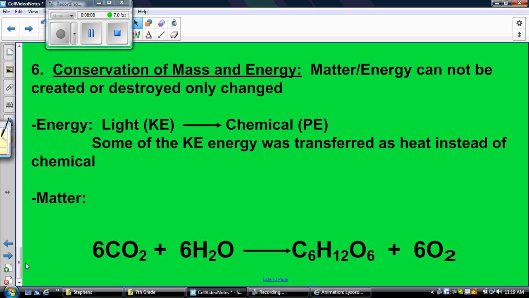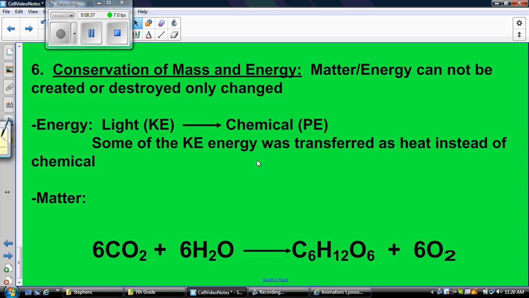So let's look at the conservation of energy. So if plants take in light energy, which is kinetic energy, they're going to convert that into chemical energy, which is potential, which that chemical energy is the glucose. Remember, that's what the plants make. Okay, some of that kinetic energy was transferred as heat instead of chemical, because remember, we talked about this last year, not all the energy gets converted, not all that kinetic energy from the light gets converted into the chemical energy.